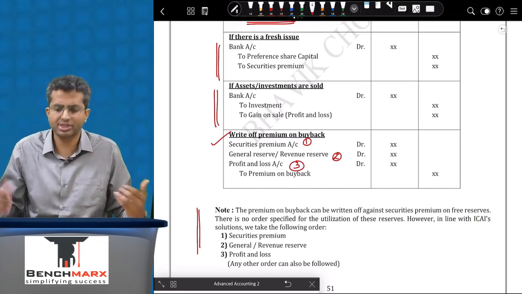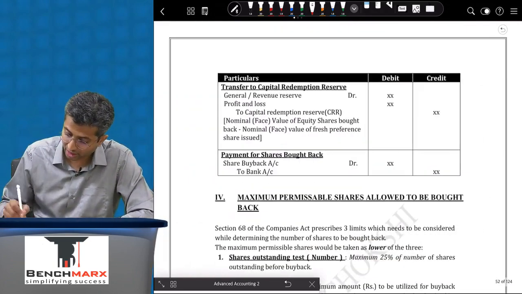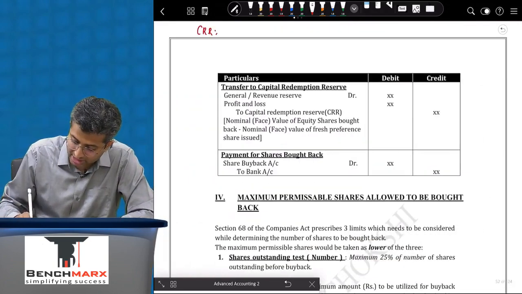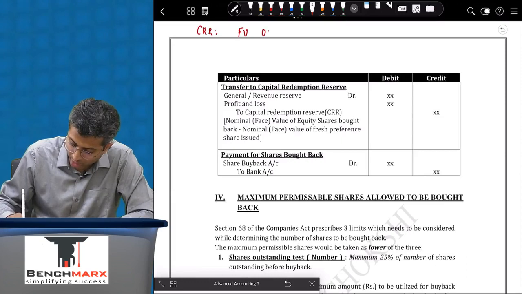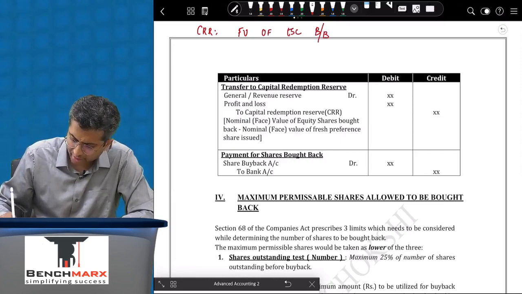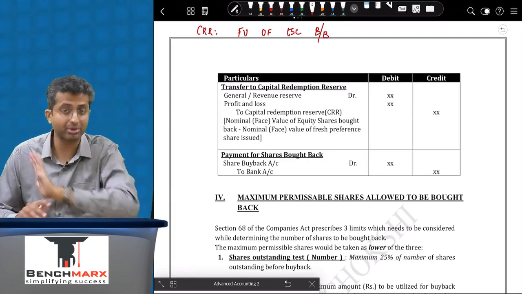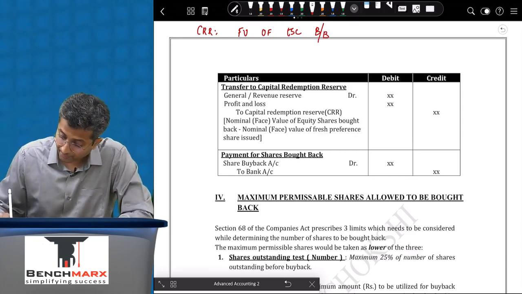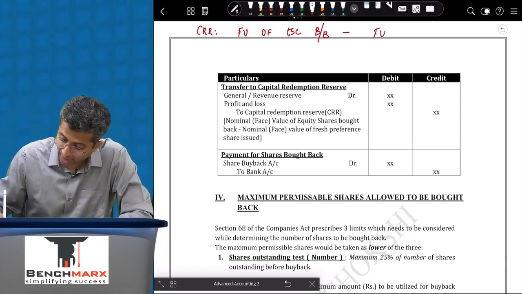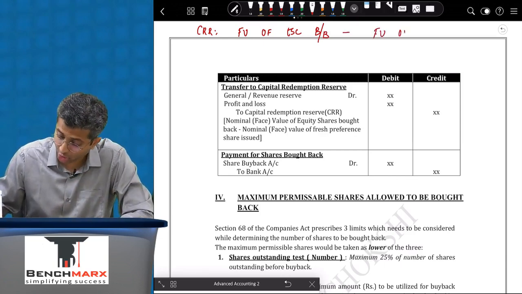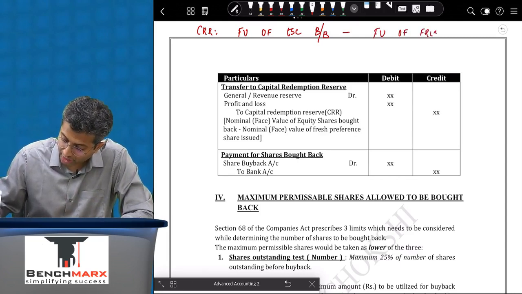Okay, but you will create a CRR up to what value? Well, CRR will be created to the extent of the face value of equity share capital bought back. Achha, if there are preference shares as well, then face value of the preference share capital redeemed, premium irrelevant, minus the face value or the paid up value, as the case may be, of fresh issue of share capital, which in this case will be preference share capital, if any.